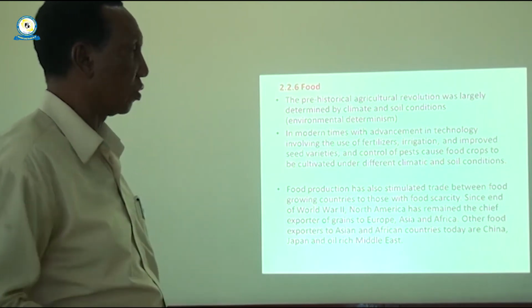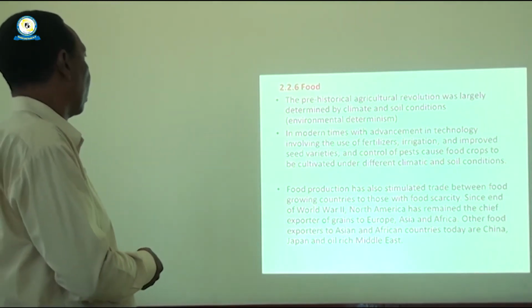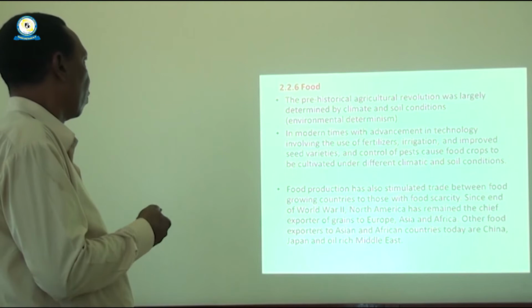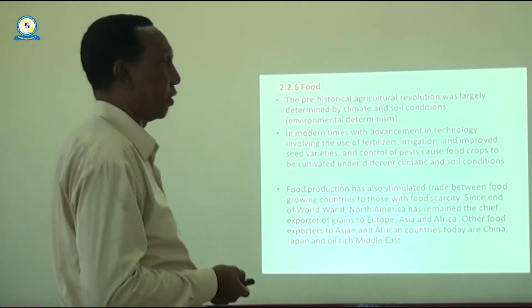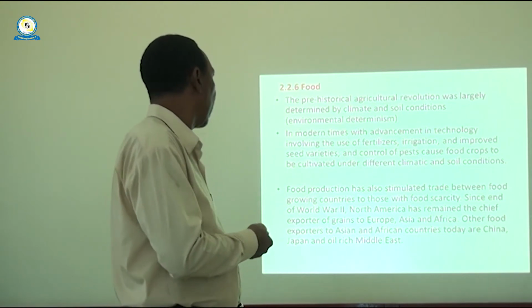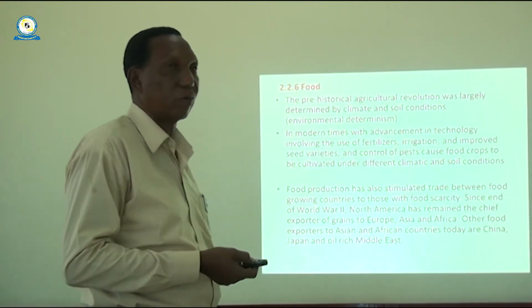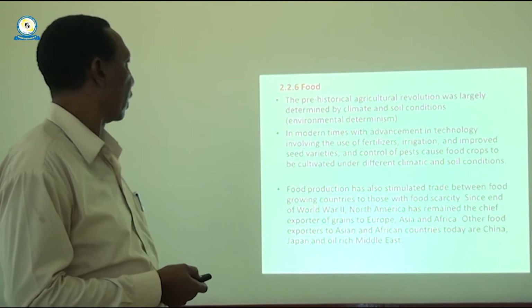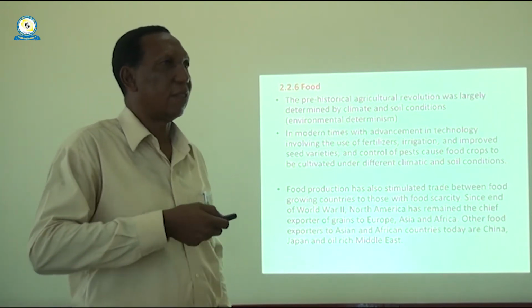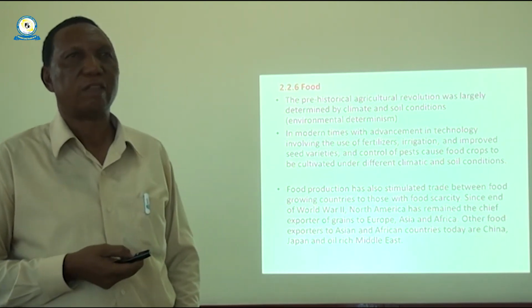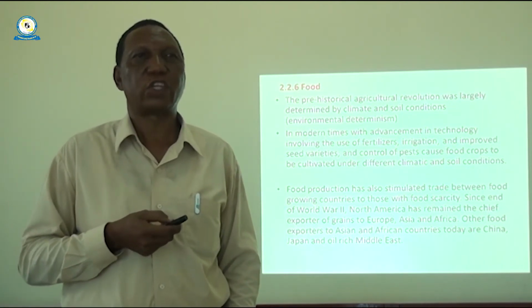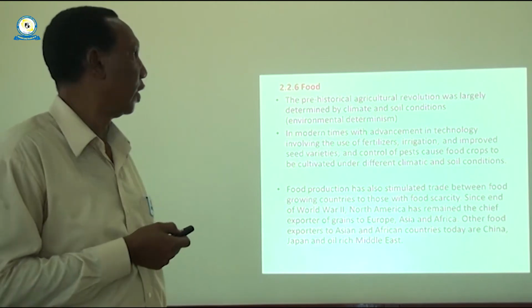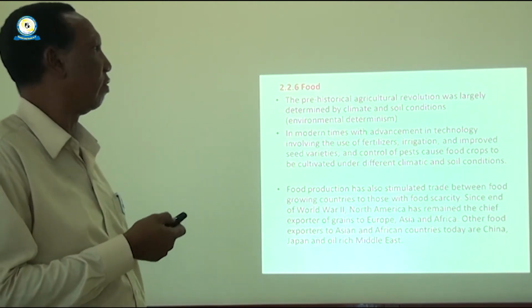Now we go to another resource, that's food. When you talk of food, you are talking about agriculture. The prehistoric agricultural revolution was largely determined by climate and soil conditions. That's why we say in prehistoric times the ecological and environmental factor was very essential in determining human development.